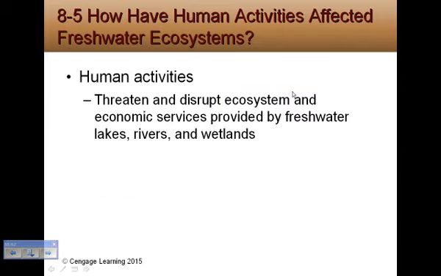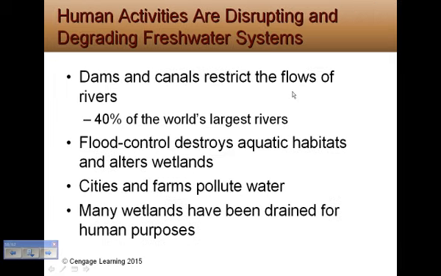But of course, as with all ecosystems on Earth, we are threatening these ecosystems by our developments. And because of this, we're going to be having some issues regarding ecological services and economic services as well. As it turns out, we restrict the flow of about 40% of the world's largest rivers.